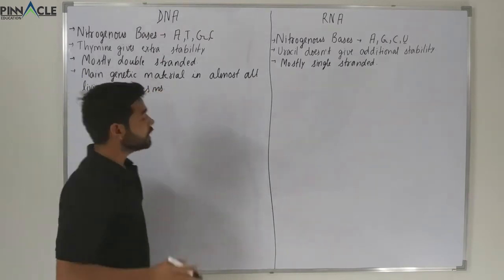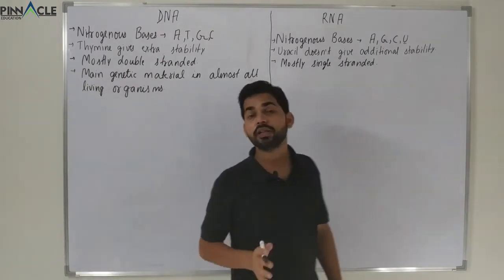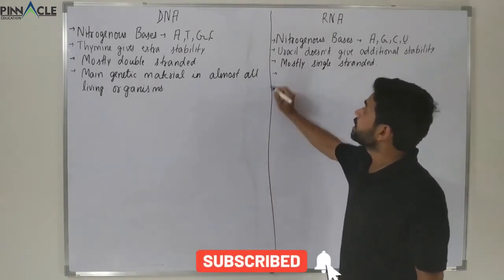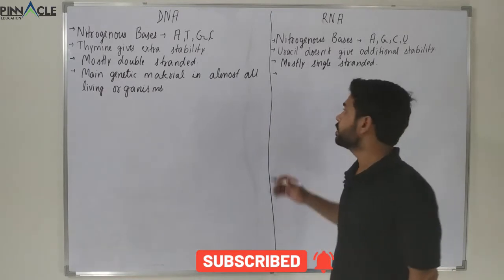DNA is the main genetic material in almost all living organisms on earth. But RNA is the genetic material in very few viruses.